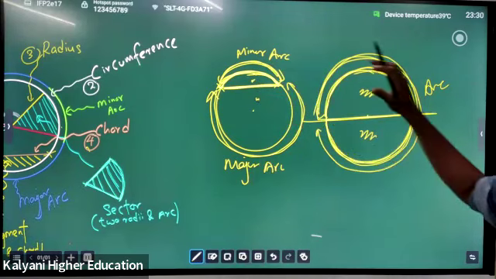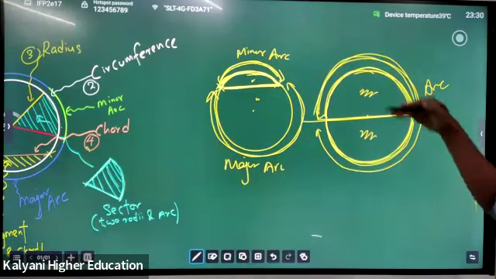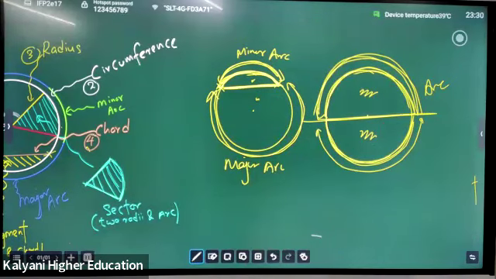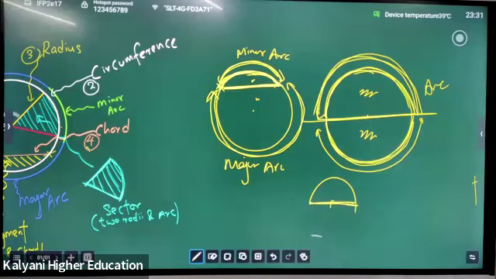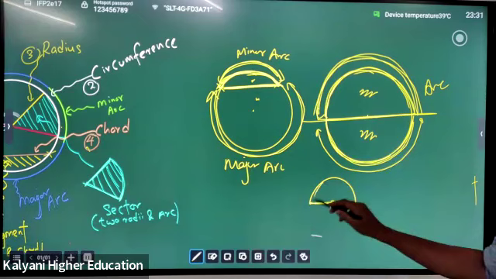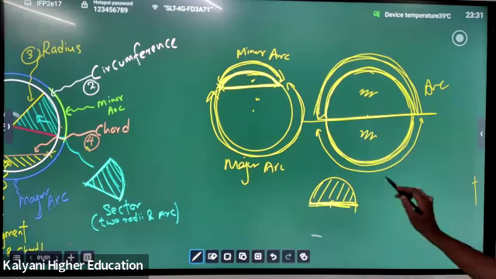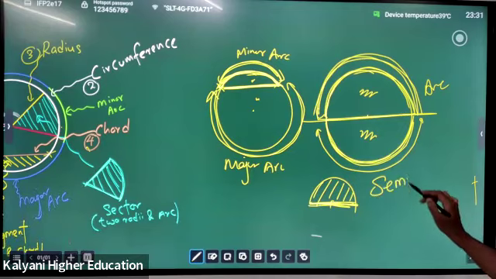Yes, but this time both parts are equal. So we call it half of the circle, a semicircle. We have a special name for that. What is the name?